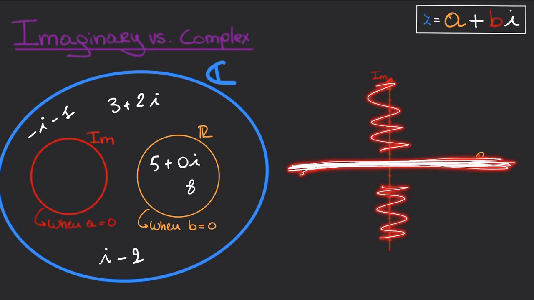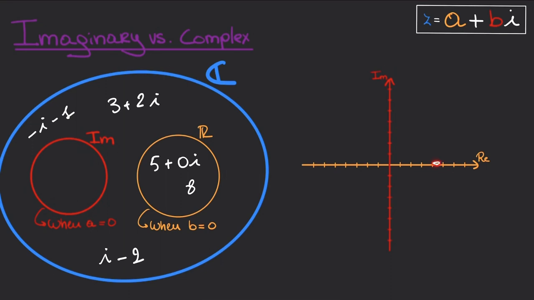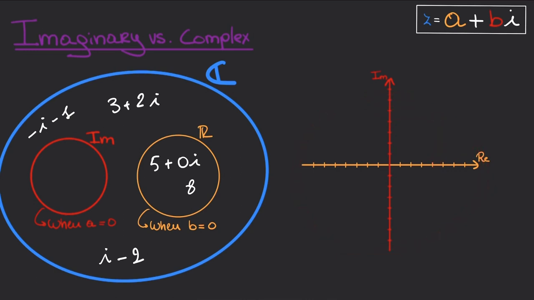It's also a complex number, but we can go further saying it's a real number also. When there is a mix between a real number and an imaginary number, where we are anywhere here in the complex plane, it's just a complex number. This one is a complex number, this one is a complex number.